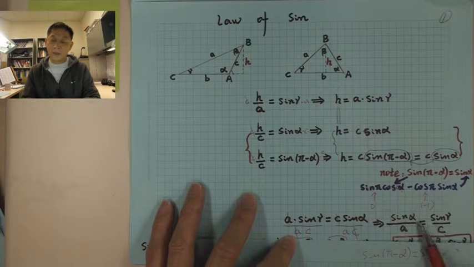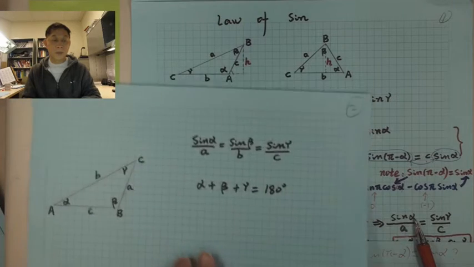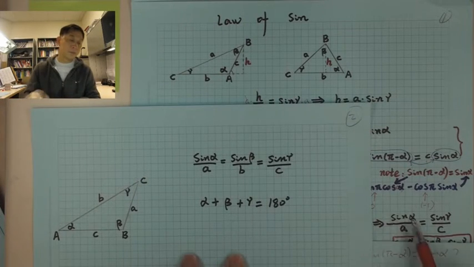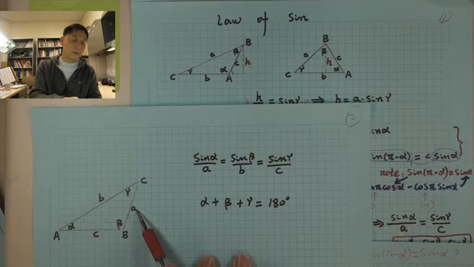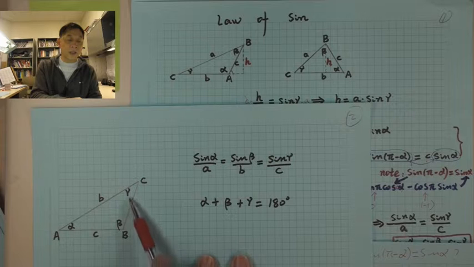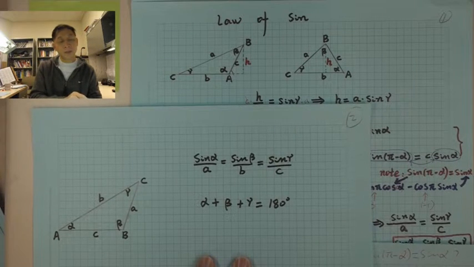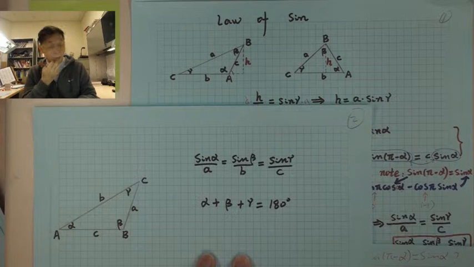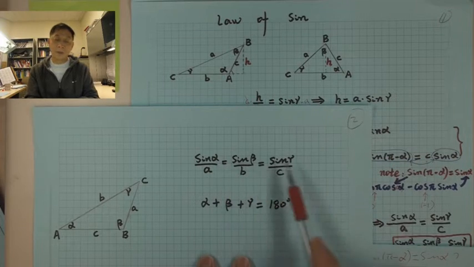Then this tells us sine alpha over a, this side, is sine gamma over c, this side. That's a very nice formula. So we actually proved that they are equal.